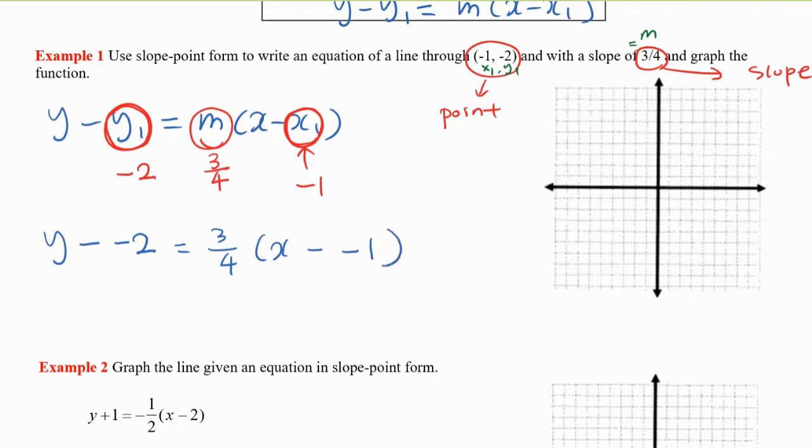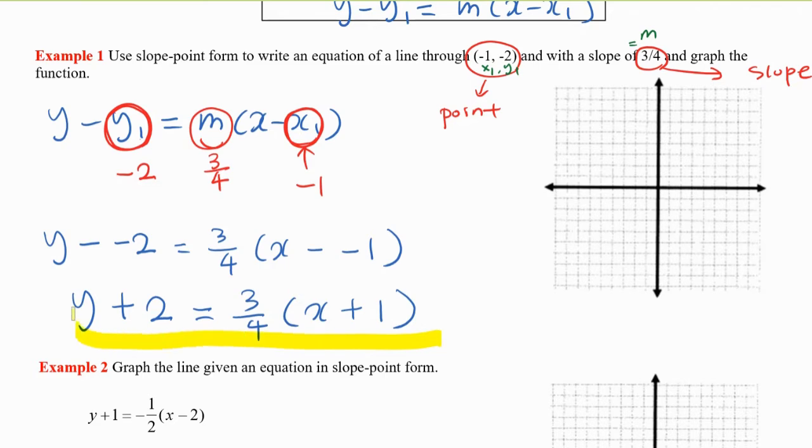Let's simplify. When you have minus and negative together, minus minus becomes plus. So y plus 2 equals 3/4 times x plus 1. This is the final form of the slope-point form.